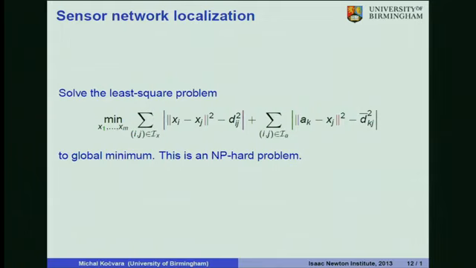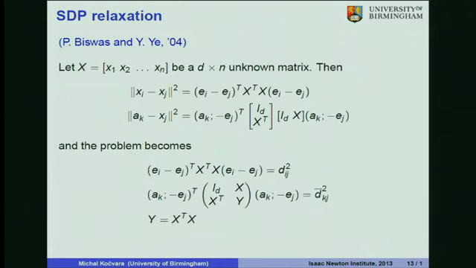The minimum should be 0 because I want to find the exact location. But clearly it's a highly non-convex problem, and I need to find the global minimum. Even if I know that it's 0, it's kind of hopeless to solve that problem. So we can try to approximate it, and how else than by SDP relaxations.